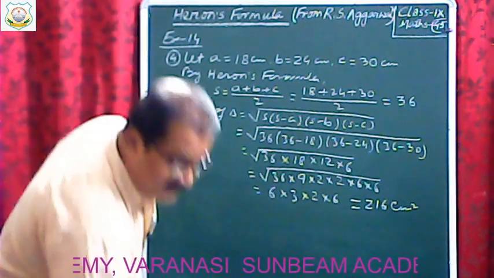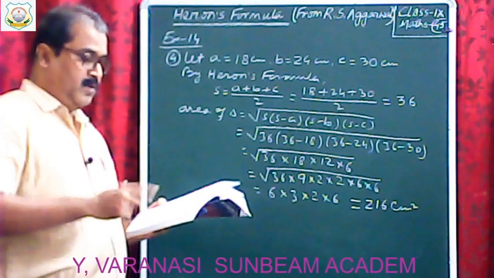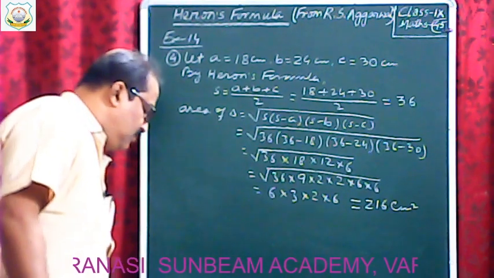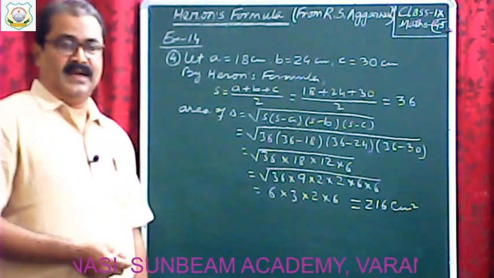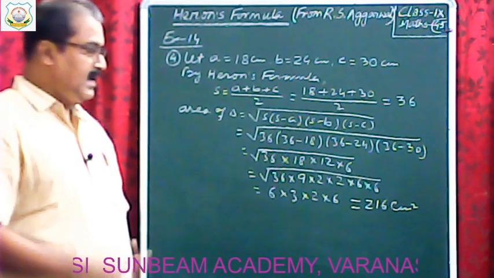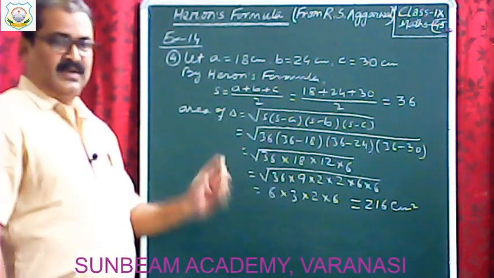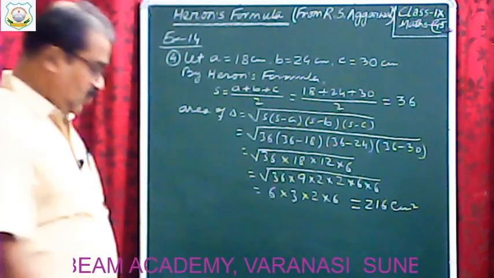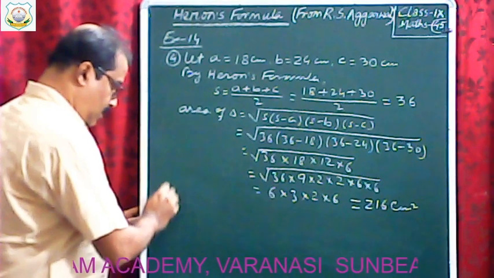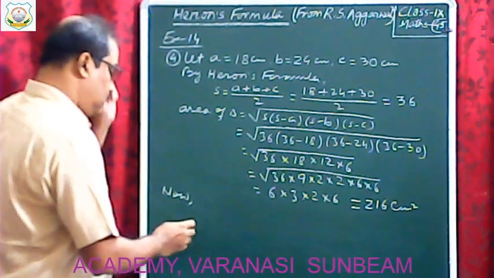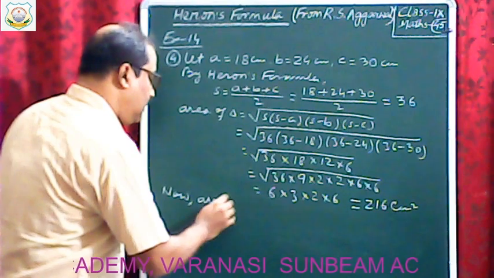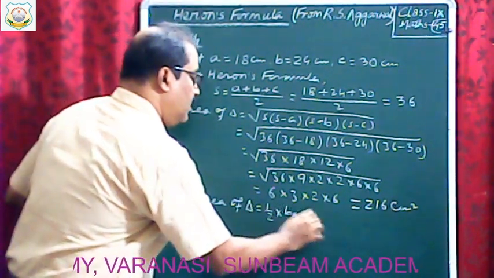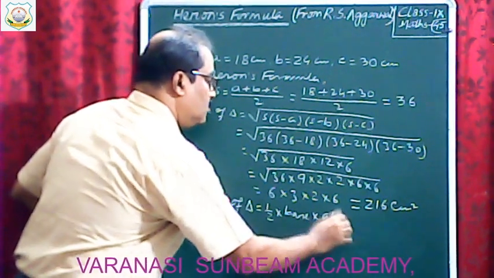And thereafter you have to find the altitude corresponding to the smallest side. The smallest one is 18 centimeter. Now we have to use the formula area of triangle equal to half into base into height. Area we have, the smallest side is the base, that is 18 centimeter, and height we have to find out. Now area of triangle equal to half into base into altitude.